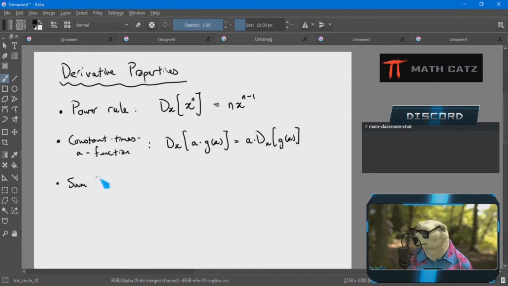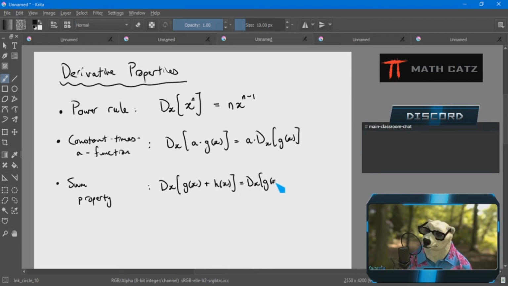Next property is the sum. I'm going to leave a space here. The sum property says if I can see my function as two functions added together, then I can look at the derivative of each of those terms and add them up after the fact.